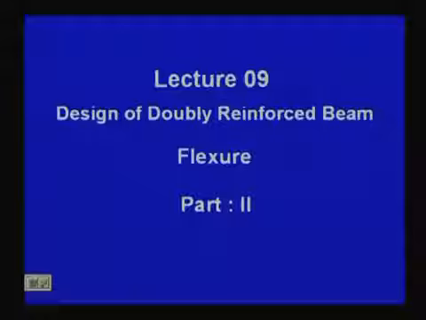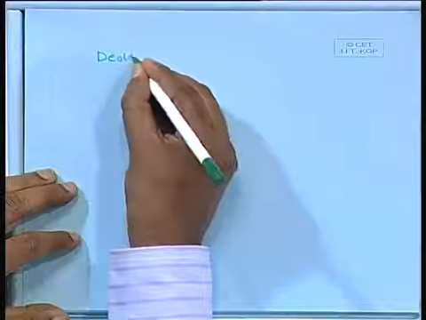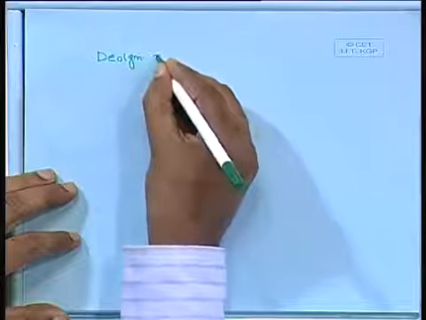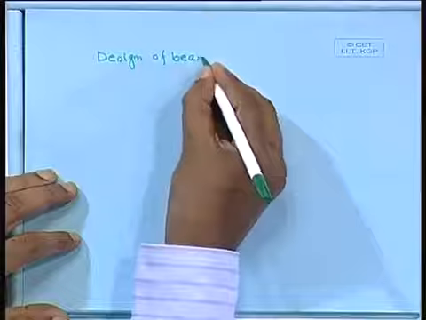Let me continue part 2 of the design of doubly reinforced beam. Let us check the procedure of design of beam. Last time we did the analysis.